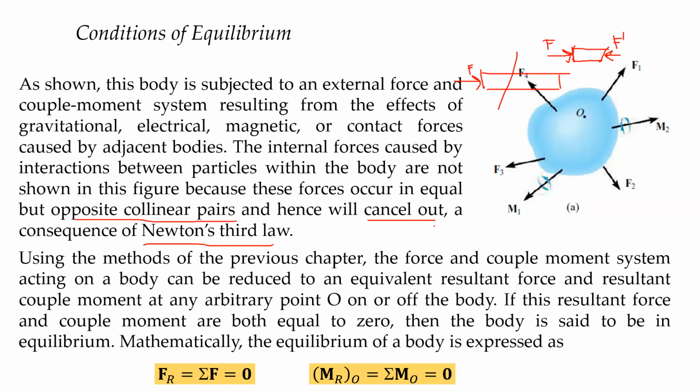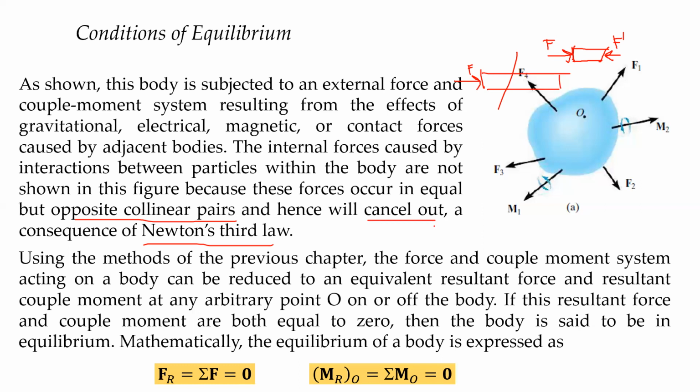If this resultant force and couple moment are both equal to zero, then the body is said to be in equilibrium. Mathematically, the equilibrium of a body is expressed as the resultant force F sub r, which is equal to the sum of all your forces, is equal to zero. And of course, the resultant moment about point O, equal to the sum of all the moments that act about point O, is equal to zero.